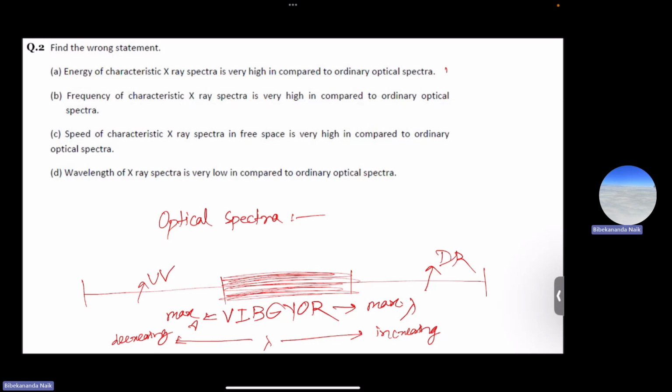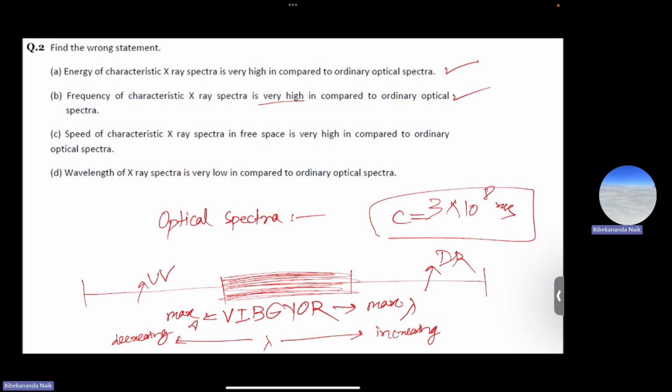The second option is again related to frequency, so it is also very high. This option is again true. Then the speed of characteristic X-ray spectra in free space is very high in comparison to ordinary optical spectra. Now, all parts of the electromagnetic spectrum, whether optical, X-rays, microwave, infrared, all have the same velocity. That is the velocity of electromagnetic radiation, that is light, which is 3 into 10 to the power 8 meter per second, which is c.